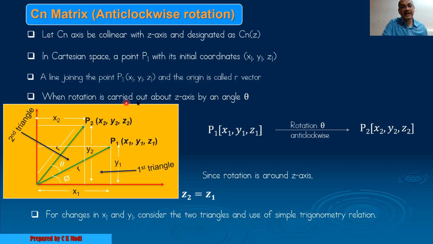Now when rotation is carried out about the z-axis, we have already discussed that the Cn axis is collinear with the z-axis. So the z-axis is situated on C2, right?